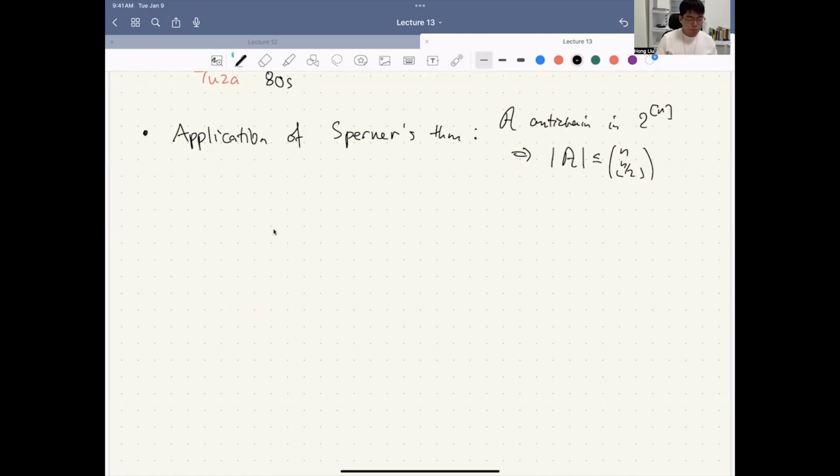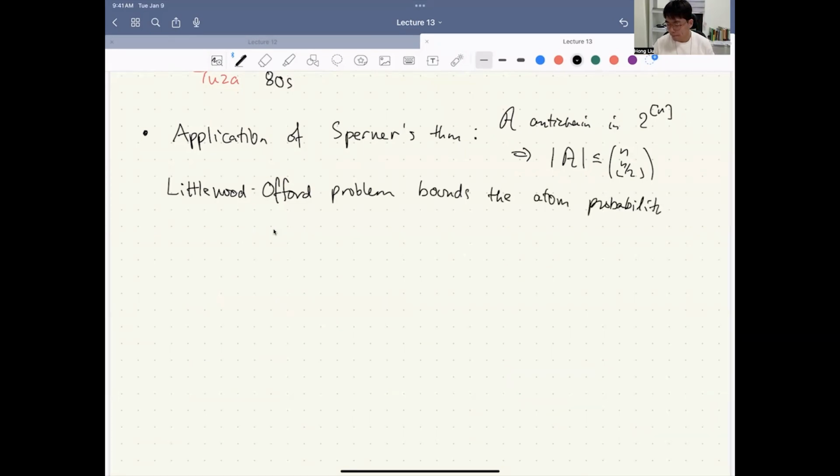This application is the Littlewood-Offord problem. The Littlewood-Offord problem bounds the atom probability of a Rademacher sum.